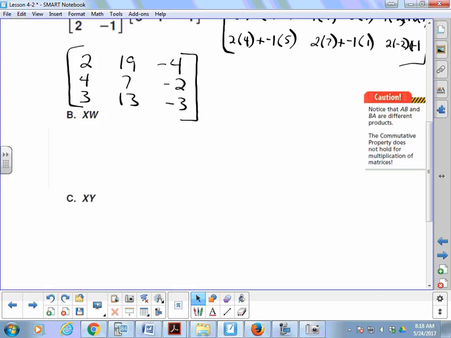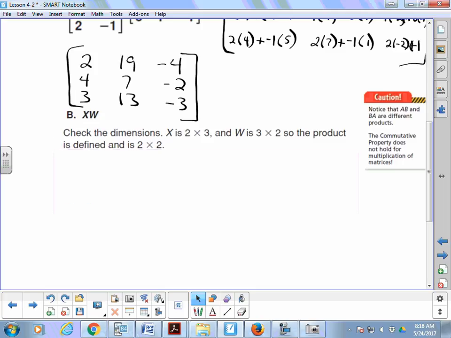Oh, they did it for us. Okay. All right, so we check the dimensions. The 2 by 3 and the 3 by 2, so the product is defined and it works. We're going to end up with a 2 by 2 when we multiply them.